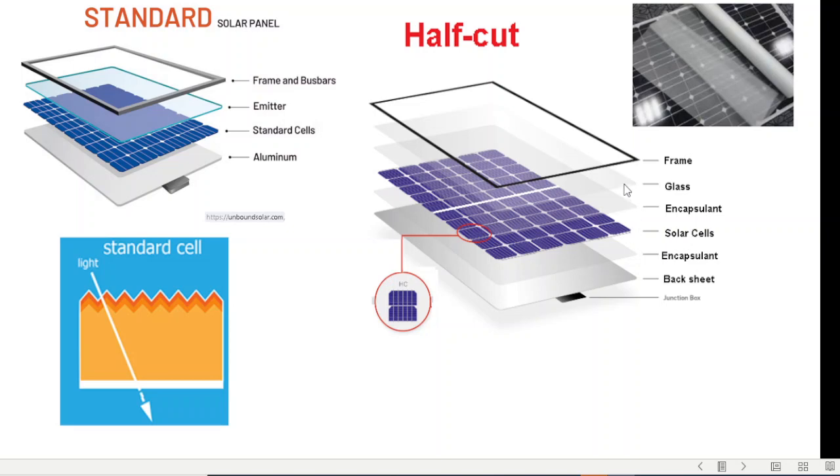If you look at this diagram, with the same frame, we have the glass, and then we have encapsulant on both sides of the panel to prevent humidity from penetrating inside. And the solar cell in this case will be cut into two, which is why it is called half cut, and the back sheet remains the same with the aluminum sheet. How much is the improvement? About 2 to 4% more power because of this change in design.